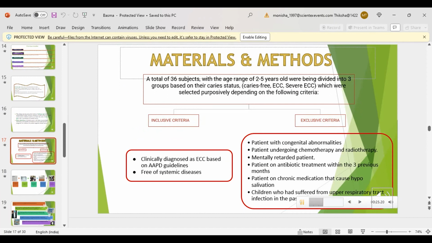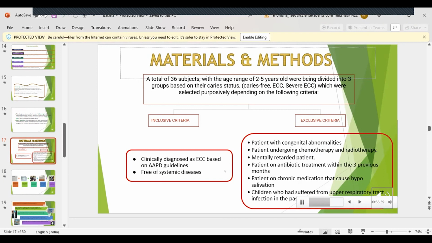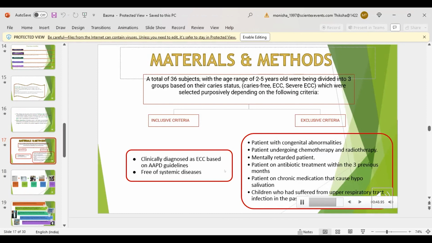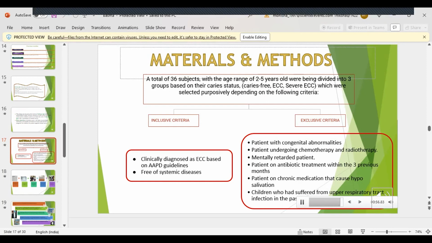According to the following inclusion and exclusion criteria, we include them, and we exclude patients with congenital abnormalities, patients on chemotherapy or radiotherapy, patients with mental problems, patients on antibiotics for more than 3 months, patients on chronic medication which may cause hyposalivation, and patients who suffered from upper respiratory tract infection in the last 2 weeks.